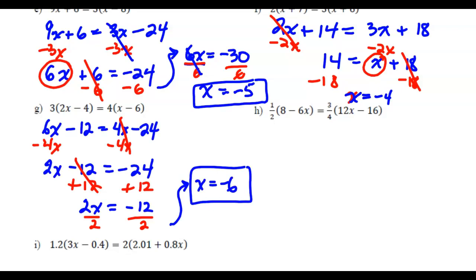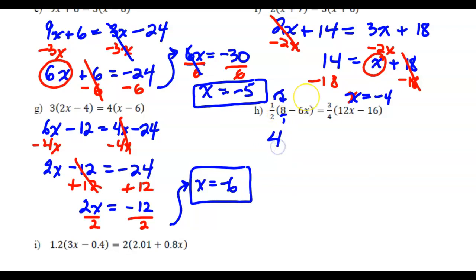H, as I said, it's the same process but with fractions. So when you multiply a half times 4, half times 8, you get 4. A half, remember 8's like 8 over 1, so that's going to be 4.